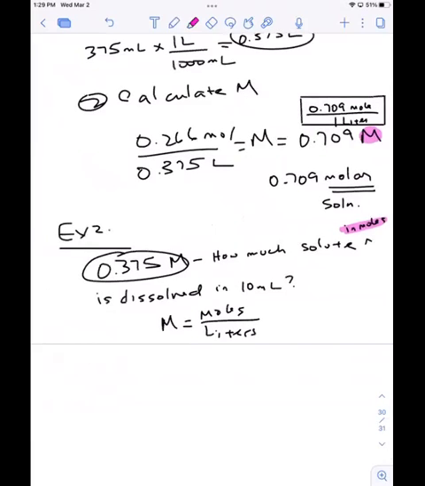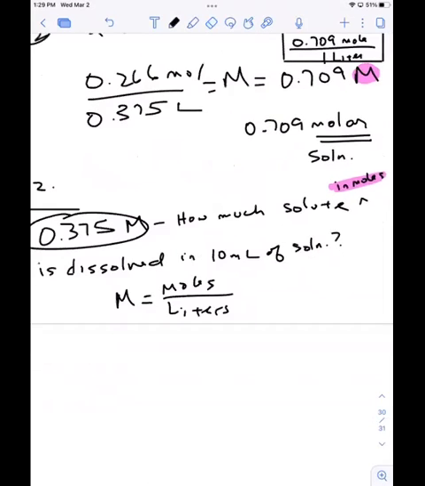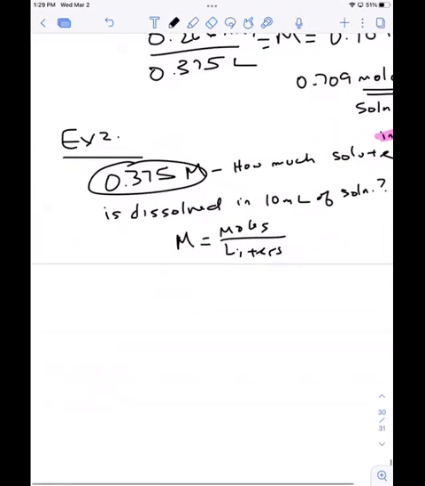Is dissolved in 10 milliliters of solution. All right. How do we do that? If we're looking for moles and we have moles over liters, how are we going to manipulate that relationship to solve for moles?